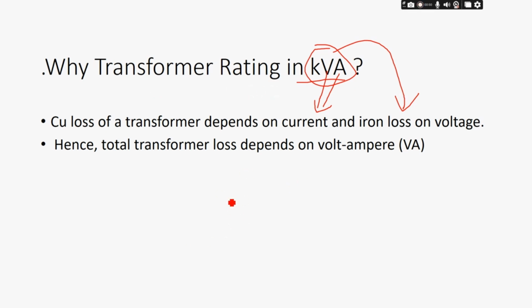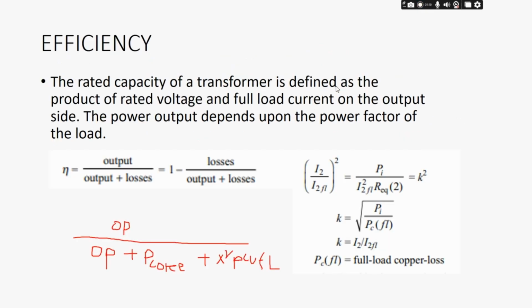Instead of kVA, a kilowatt rating has a term called VI cos phi, sorry for this bad representation. VI cos phi means it has to be for a definite load. But the transformer is available for all the range of loads, so it is rated in kVA.